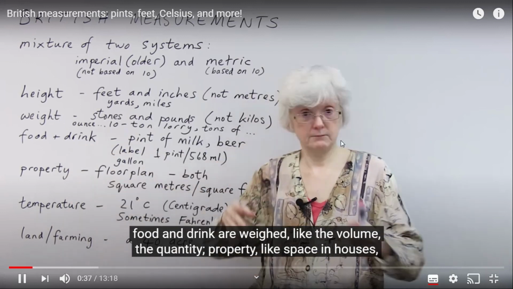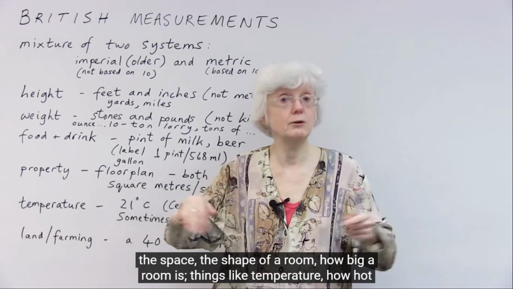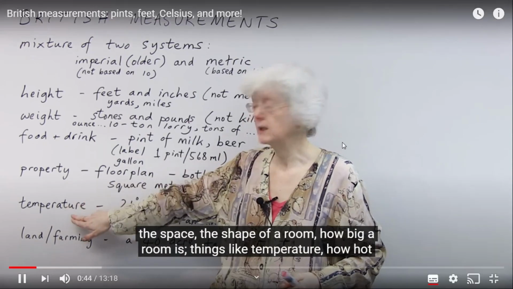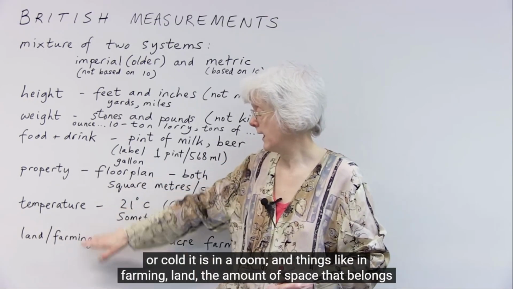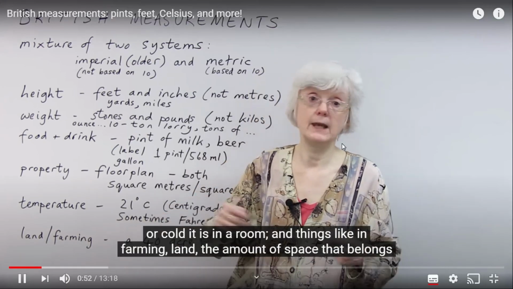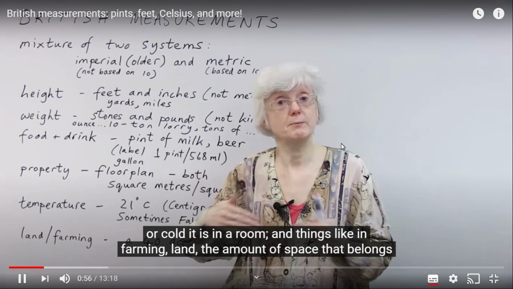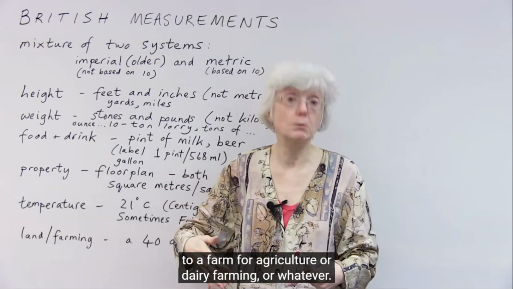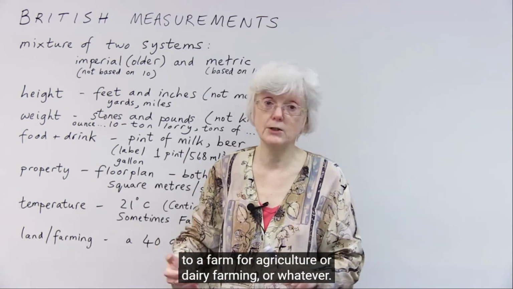Property, like space in houses, the space, the shape of a room, how big a room is. Things like temperature, how hot or cold it is in a room. And things like in farming, land, the amount of space that belongs to a farm for agriculture or dairy farming or whatever.